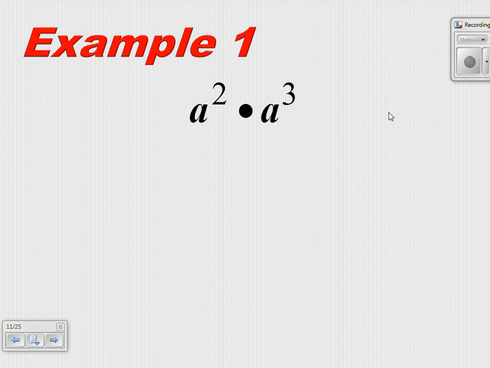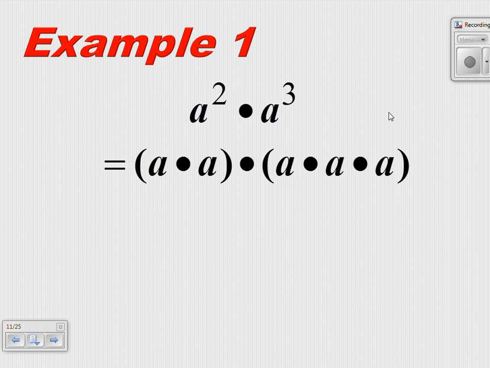So a squared times a to the third really means a times a times a times a times a. How many a's are you actually multiplying? The answer is 5. So if you simplify this, the answer is a to the 5th.